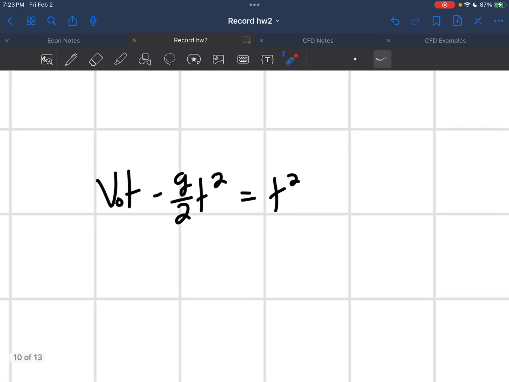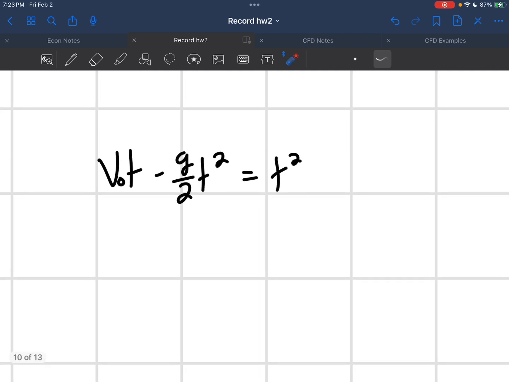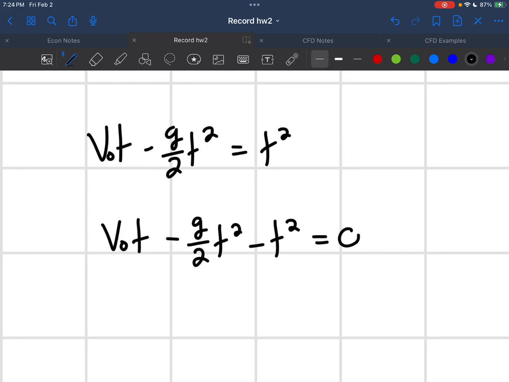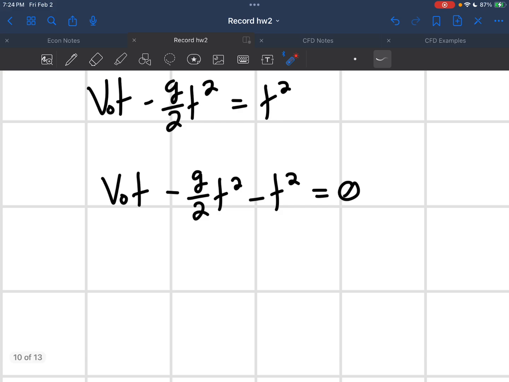So again, I'm going to subtract my t squared over, and I'm going to have v naught t minus g over 2 t squared minus t squared equals 0. And again, I'm going to plug in my 9.8 just so I can combine these two terms. So it'll be 9.8 over 2, which is again 4.9.